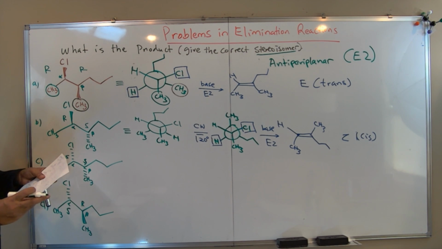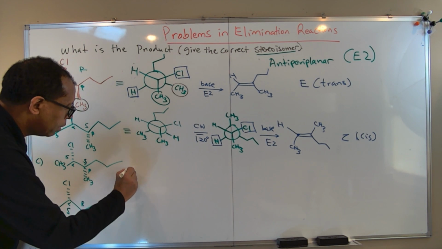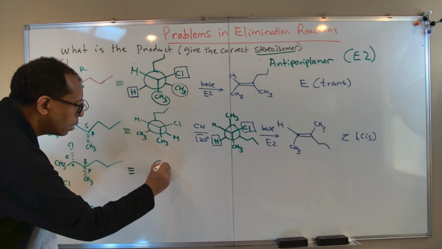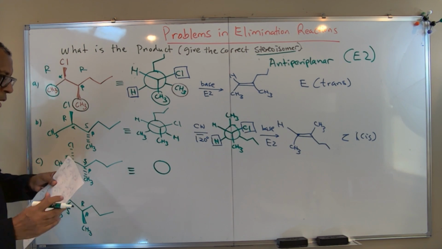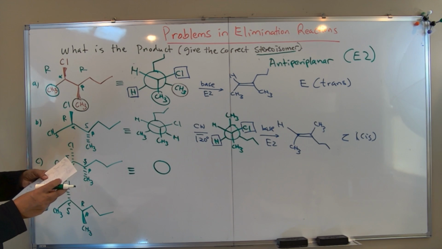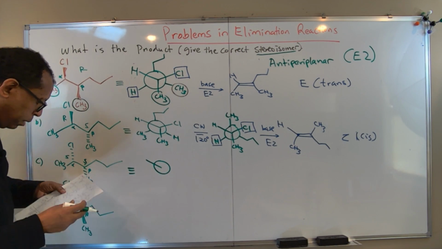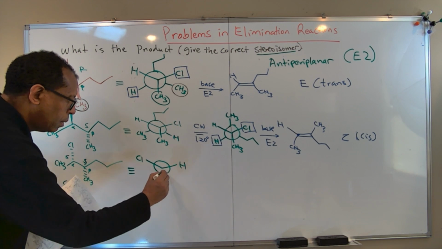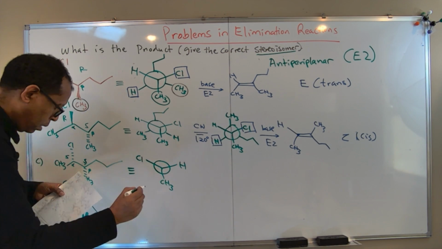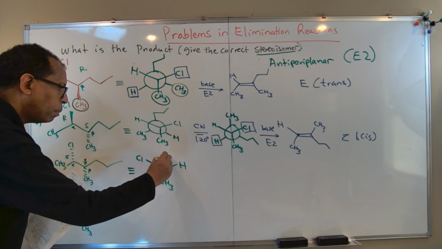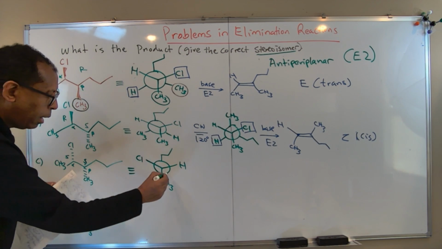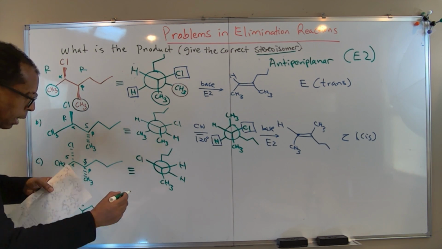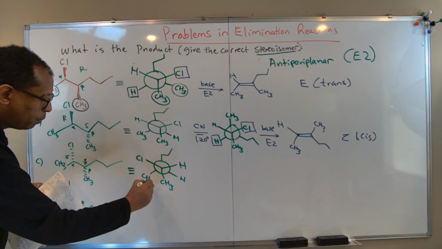The Newman projection for this looks like, let me draw this, keep the front still the same, so that would be chlorine here, hydrogen here, CH3 here, and propyl is like that, hydrogen is here, and CH3 is right here.